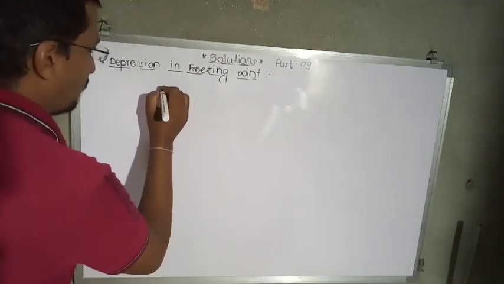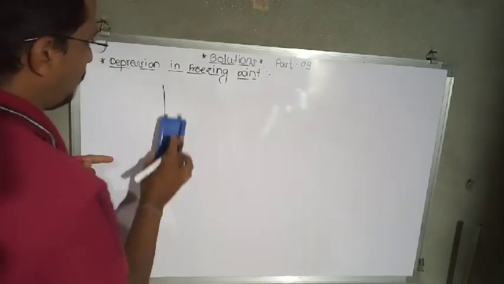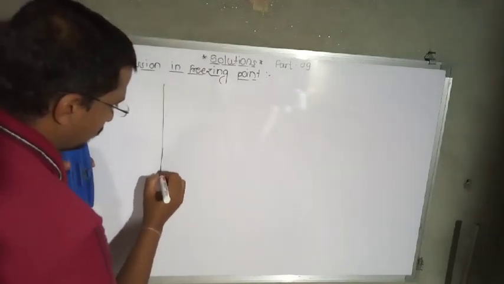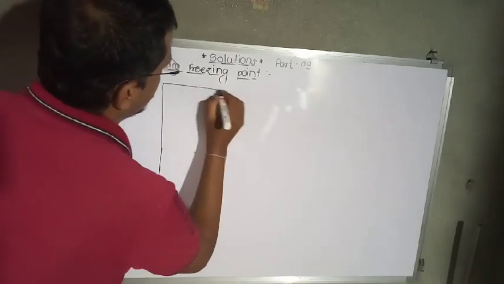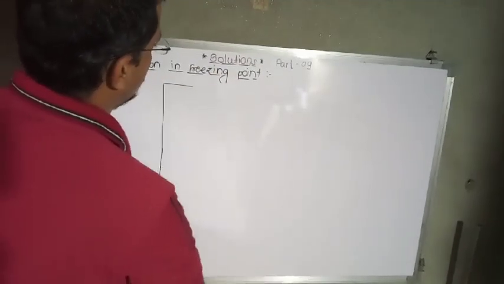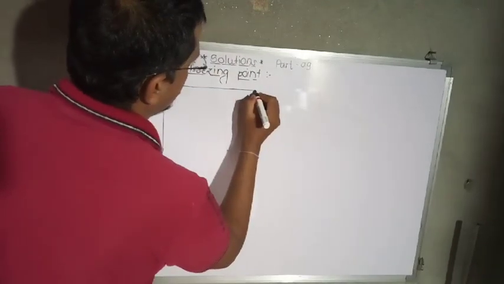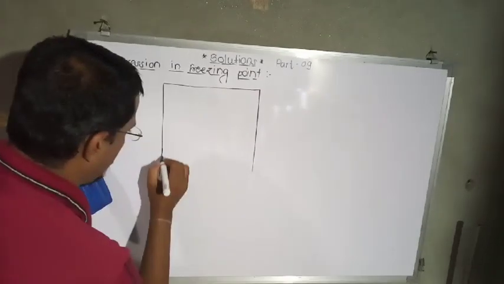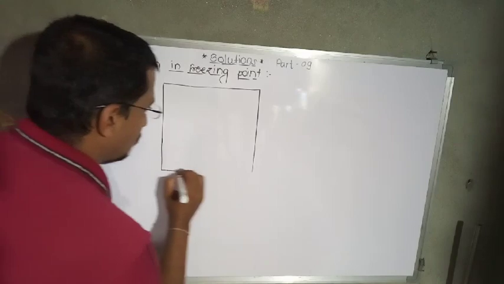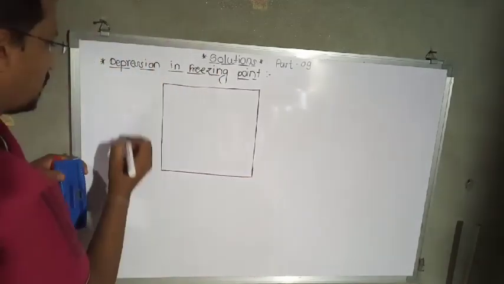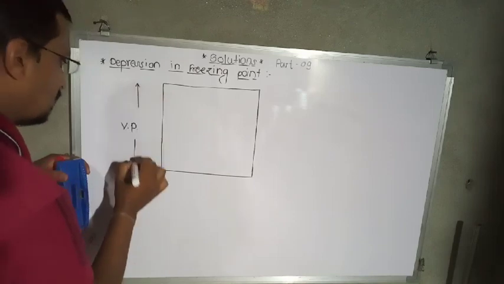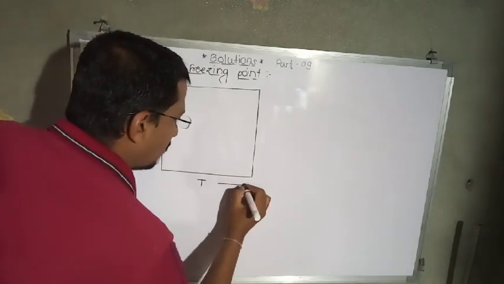So if you plot a graph showing the relation between vapor pressure on the y-axis and temperature on the x-axis.